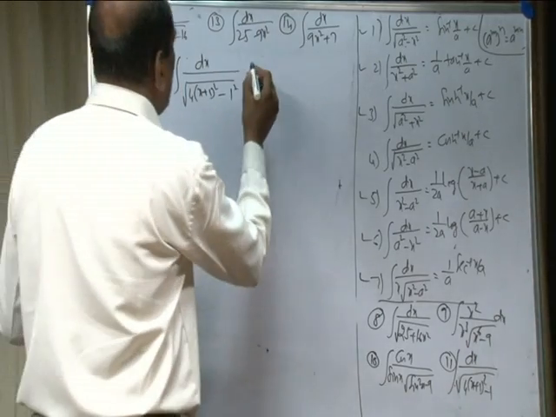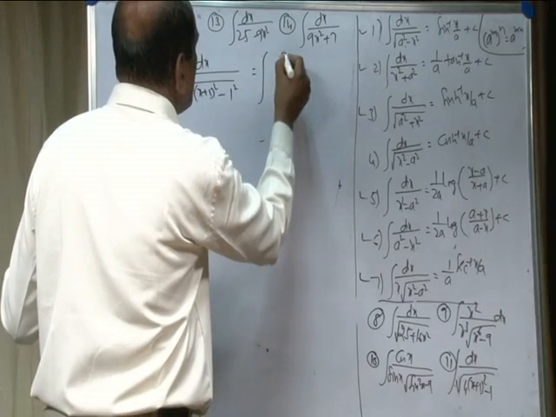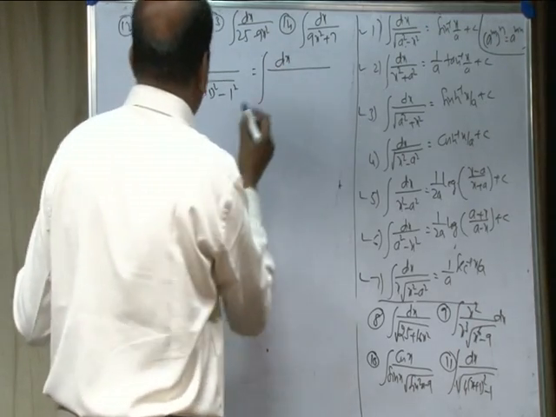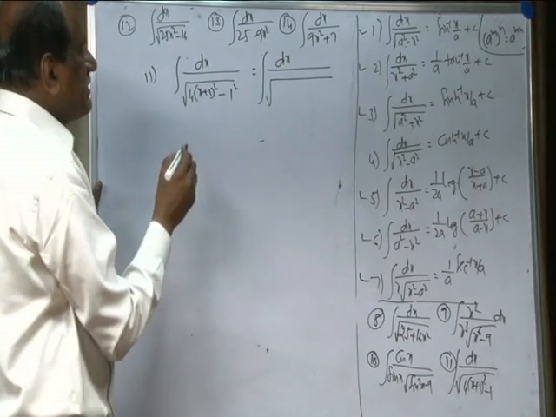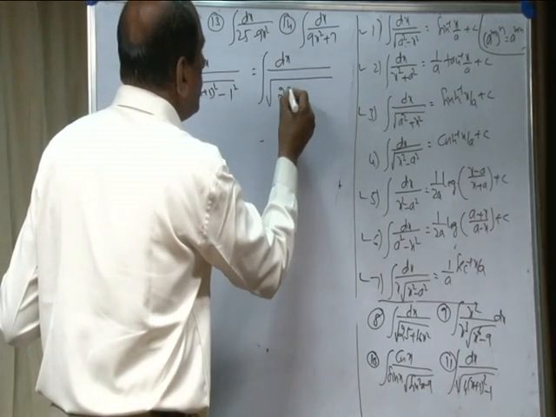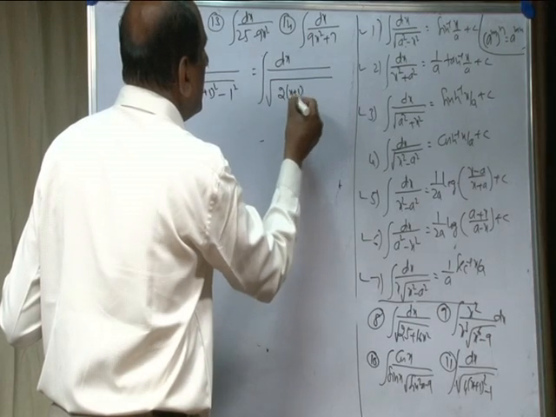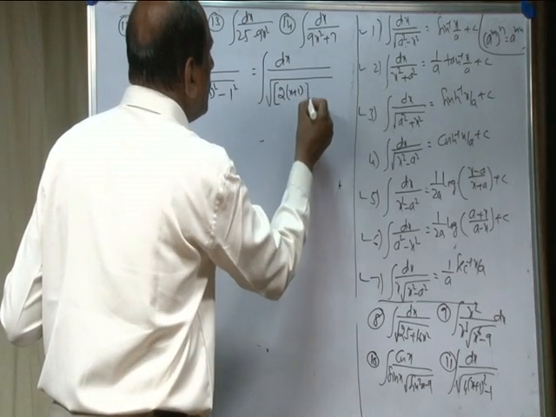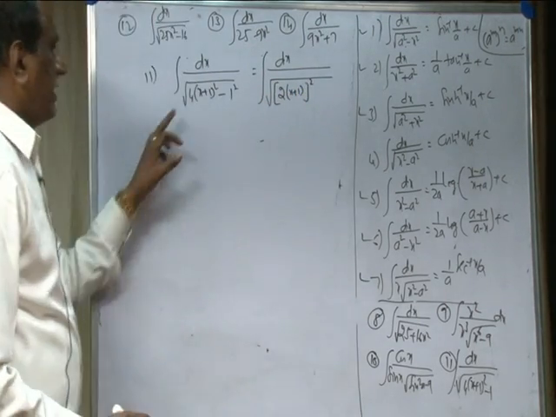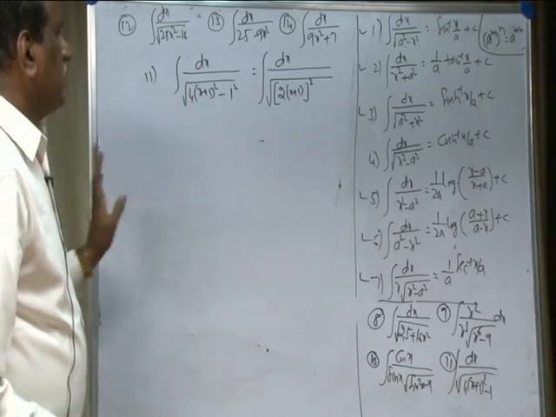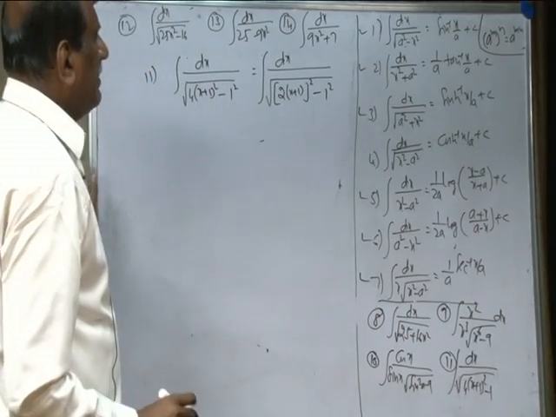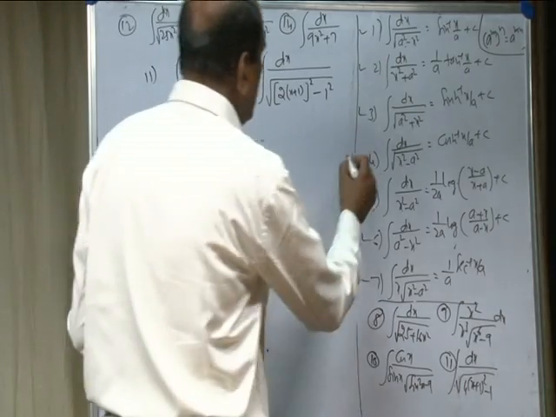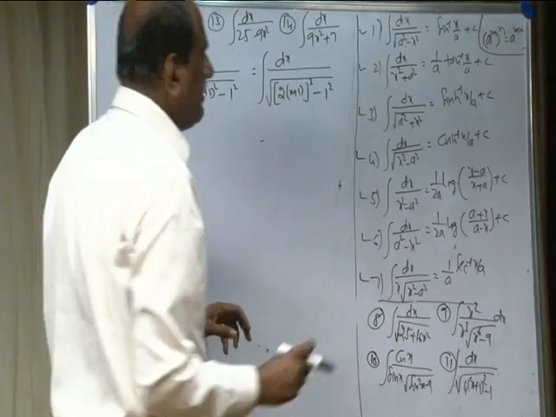Or we can rewrite this problem in another way, that is dx divided by root of, see here, 4 into x plus 1 whole square can be written as 2 into x plus 1 whole square, 2 square is 4, minus 1 square. This is of the form of the 4th standard integral.